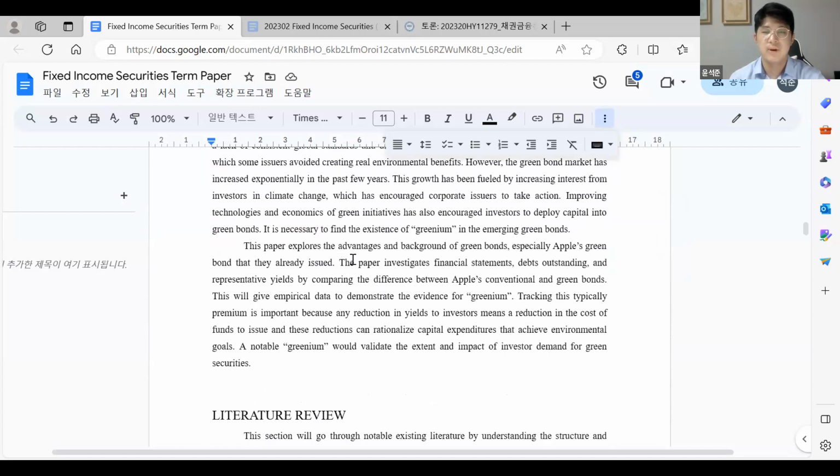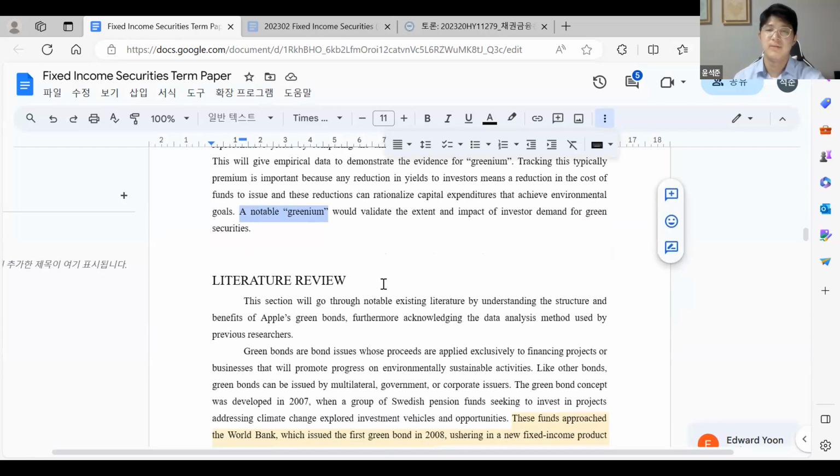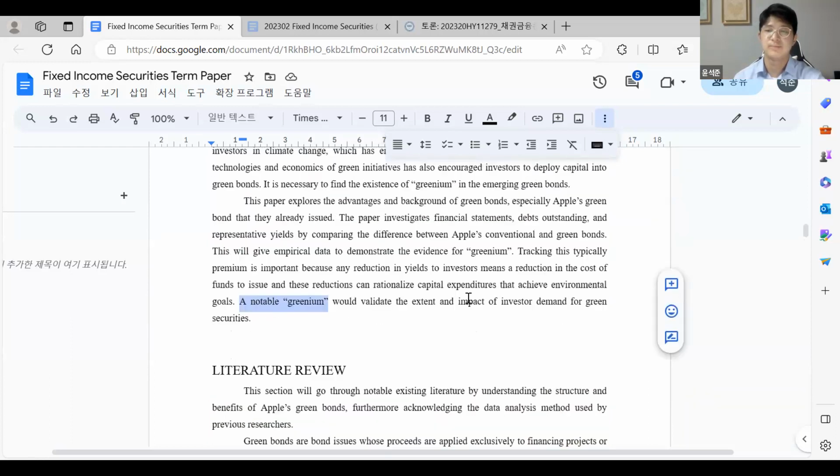This paper explores the advantages and background of the green bond, especially Apple's green bond that they already issued. The paper investigates the financial statements, debt outstanding, and representative yields by comparing the difference between Apple's conventional and green bonds. This will give empirical data to demonstrate the evidence of greenium. A notable greenium will validate the extent and impact of the investment demand for green securities.